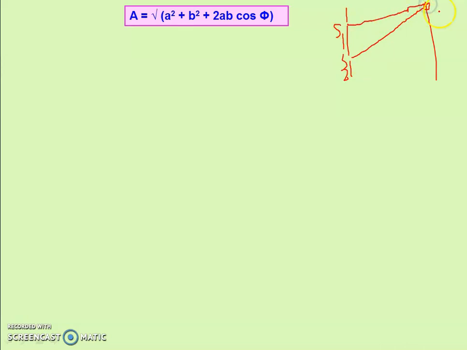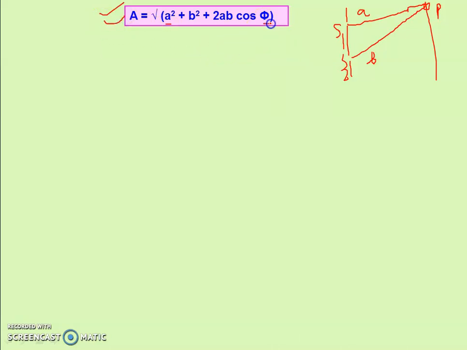Now the superposition takes place at point P. Then the resultant amplitude of the wave will be A equal to root of a square plus b square plus 2ab cos phi, where small a is the amplitude of the wave coming out from the S1 source, whereas b is the amplitude of the wave coming from the S2 source. Then the resultant wave is formed at point P and the amplitude will be given by this.